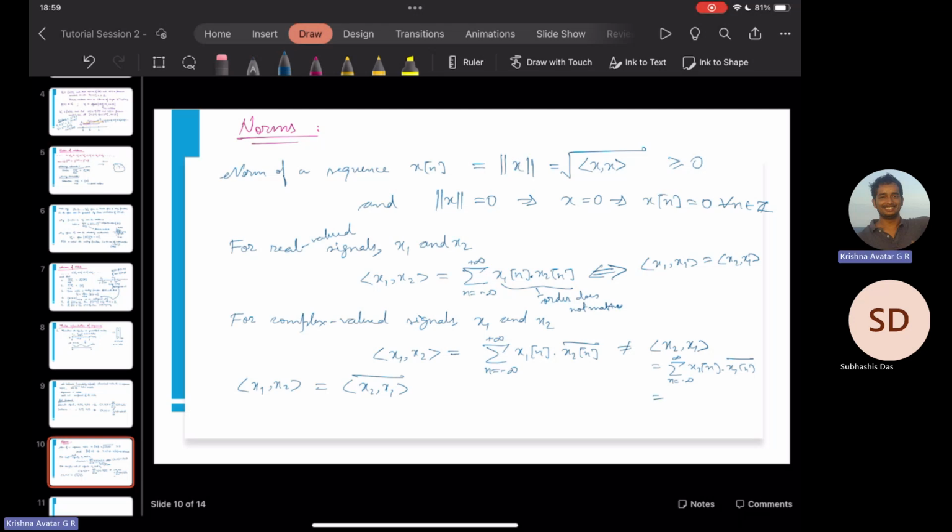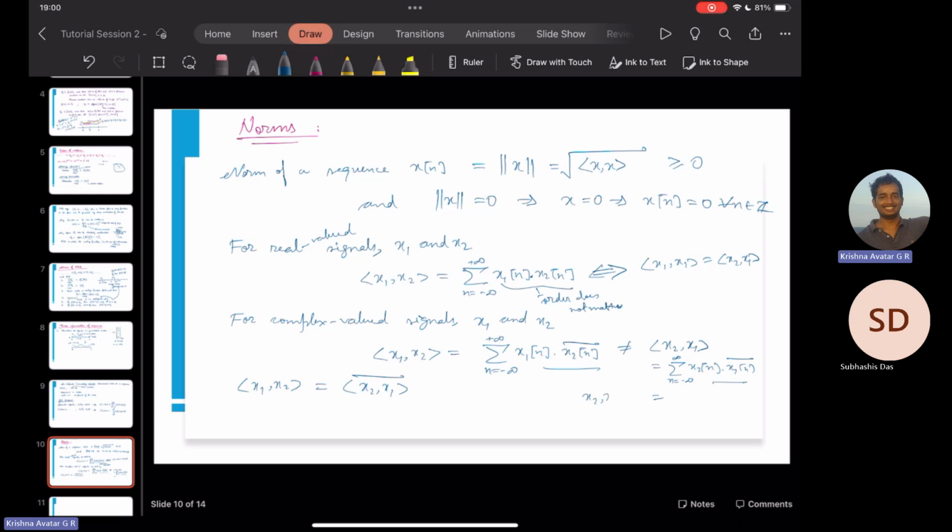And you clearly see that at the elementary multiplication level, they are no longer the same, this as well as this, right? So to be able to relate both these operations, take a conjugate value.